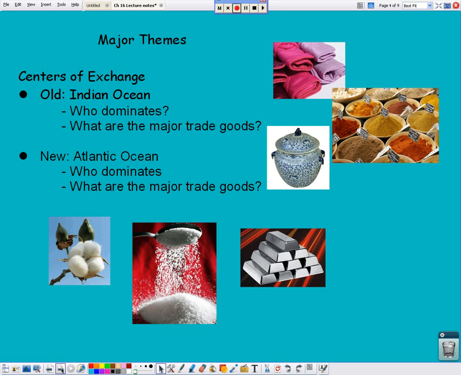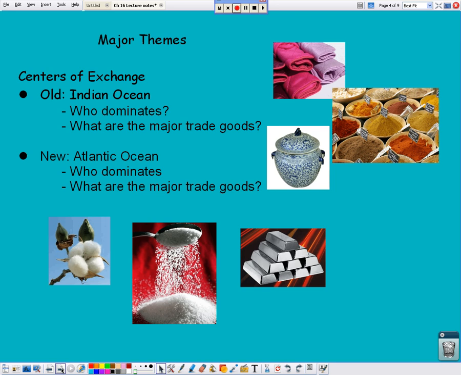So that would include countries like who? China, India, Japan, East Africa, and the Muslim empires. And what kinds of goods are most in demand in that area? Luxury goods. Silks, spices, and porcelain.